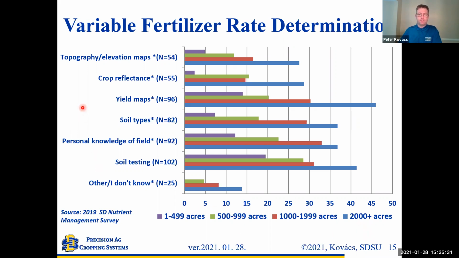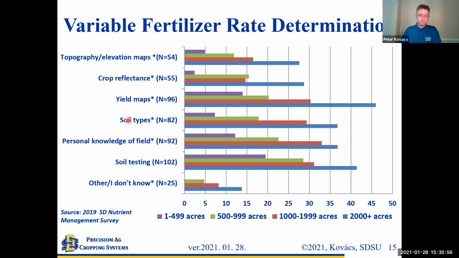So on this graph, we broke out the different sizes of farms, and you can see the 4 different colors, and we will focus more on the larger farms, those with more than 1,000 acres. You can see the different categories of what these producers are using to determine their fertilizer rate.